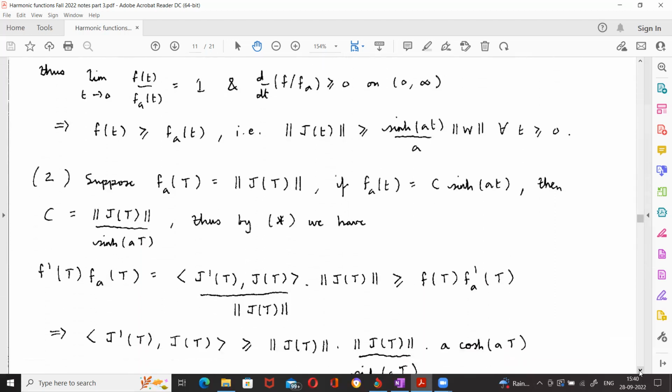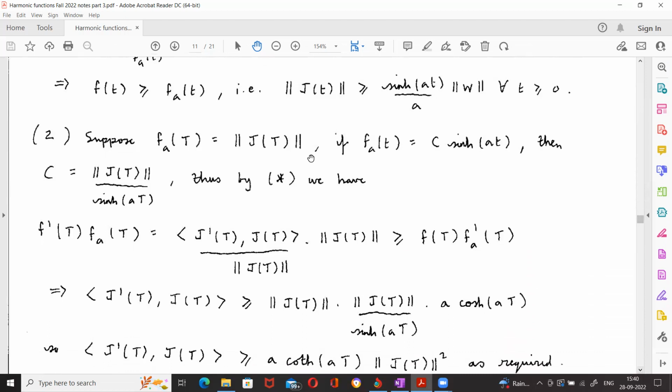Now we choose our fa in the second way. We choose it to agree with norm J at the endpoints of the interval, 0 and capital T. Okay. So now we're choosing fa, so this is a different function fa. All right. So fa of capital T is norm J of capital T, and fa of 0 is 0.